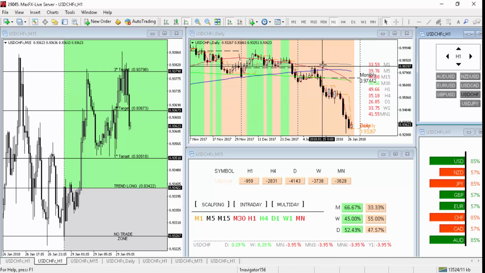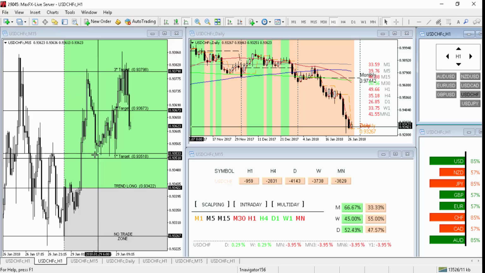But now we also have an RSI below 50 on every time frame except M30. So should the market remain above target number 1 of the target geometry at 0.9351, we may have a continuation to the upside. Below this level, we should change attitude and consider to wait for a bearish signal on an intraday level.